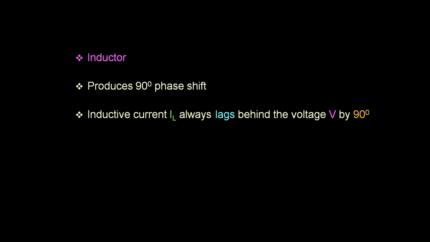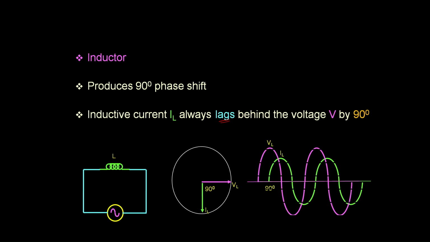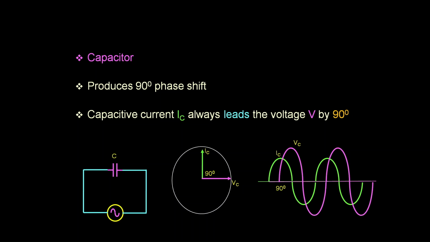But there is one difference between them: the inductive current IL lags behind the voltage in an inductor, whereas if the current leads the voltage, it is a capacitor. If current lags voltage, it is an inductor. If current leads voltage, it is a capacitor. I hope I made this point clear.